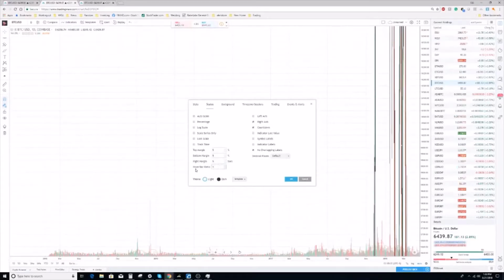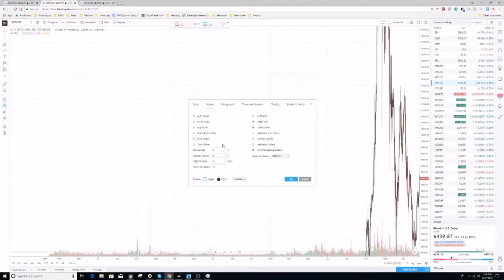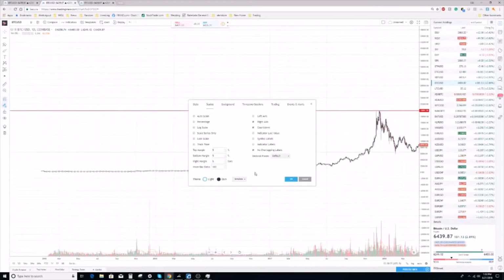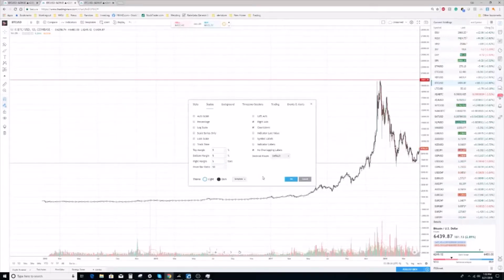It's way too congested. We could do it at 10 maybe. Still a little too tight, but probably 100... oh, that's way too much too. No, we don't want 100. 50 is probably okay. Yeah, we could do 50.